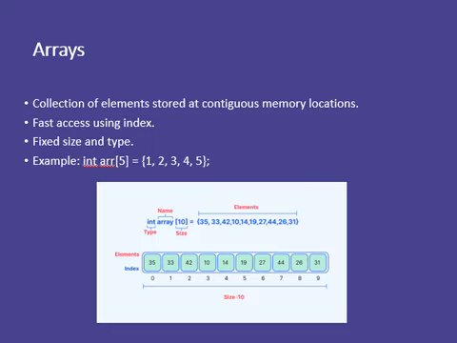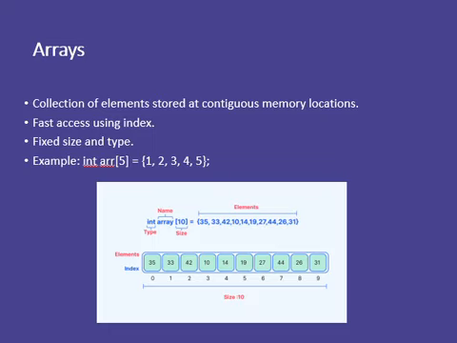Now there are some operations of an array. The first one is traversing. As I have already told, traversing means accessing elements. Accessing a specific element in the array by its index number is a very important operation of an array. It has time complexity order of 1.